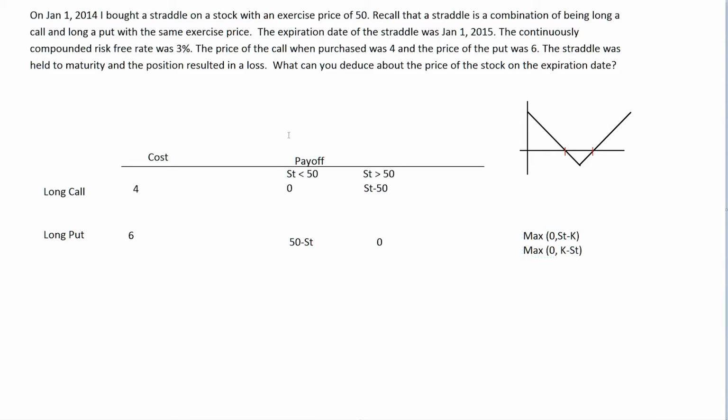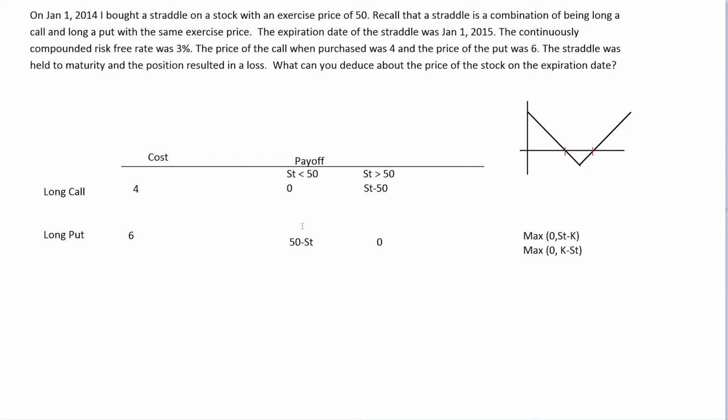So in this case, for the long call, if S_T is less than 50, our strike price was 50, so we'd get a number less than 0, so it maxes out. We just default to the 0, and if it's greater than 50, it'll be above 0. So whatever the stock price is, that is what our payoff will be, and vice versa for the long put.